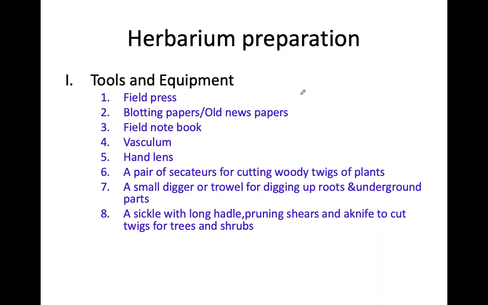In herbarium preparation, the following field equipment is mainly needed for plant collection and herbarium preparation: the field press, blotting papers, old newspapers, field notebook, vasculum, hand lens, a pair of secateurs for cutting woody twigs of plants, a small digger, a trowel for digging up roots and underground parts, a sickle with long handle, pruning shears, and knife to cut pits for trees and shrubs.